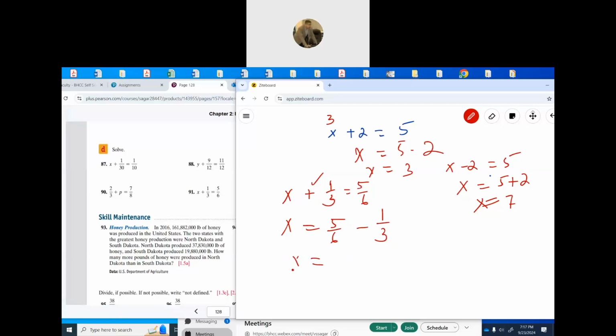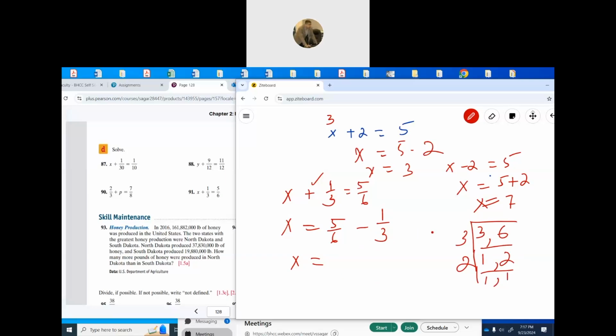What's my LCD now? Right here, 6, right? So again, same thing. If you're confused, just write it down here. 1, 2 is here. These are all prime numbers, right? 1 is already here.